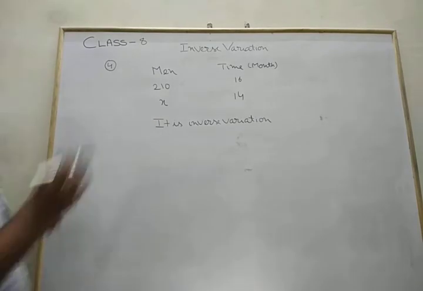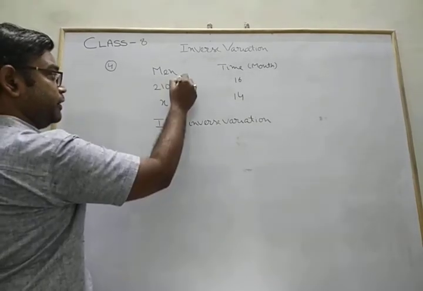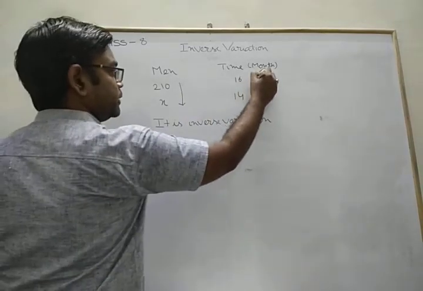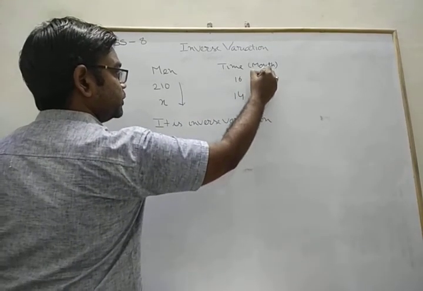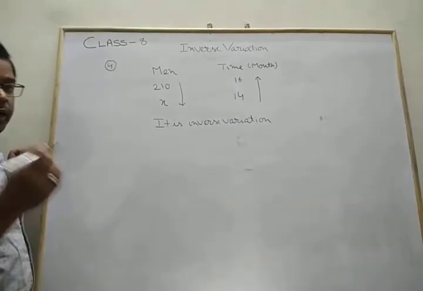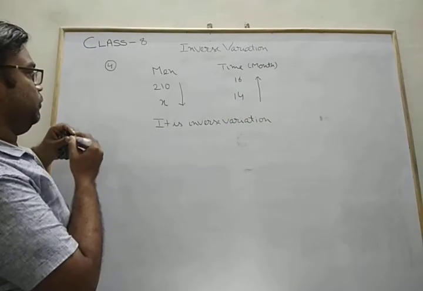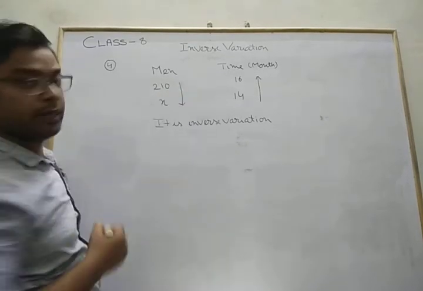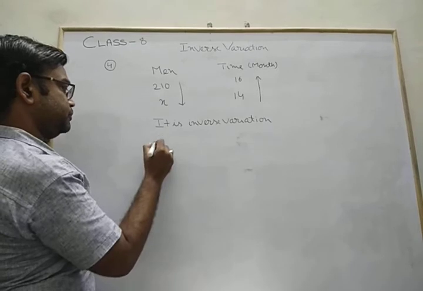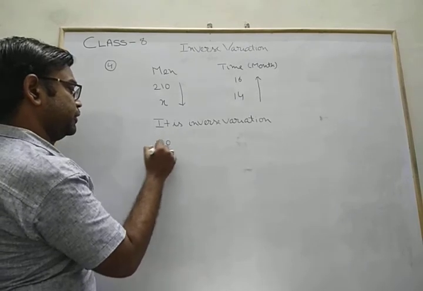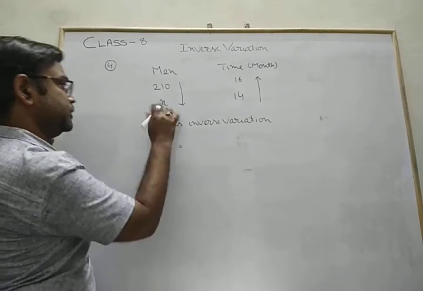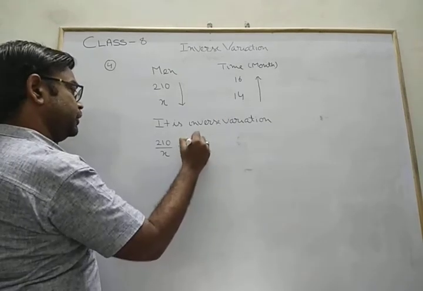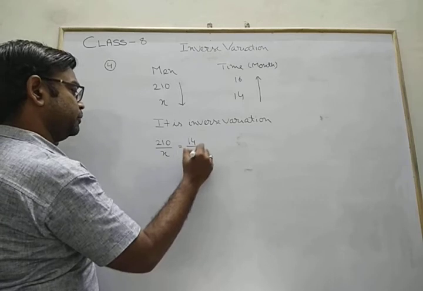So in this case, if this is an inverse variation, one arrow goes downward and the next arrow goes opposite to the first one. Then we use the number which is at the tail part as the numerator. So it's 210 upon x. 14 is near the tail part, so it's the numerator, 14 upon 16.